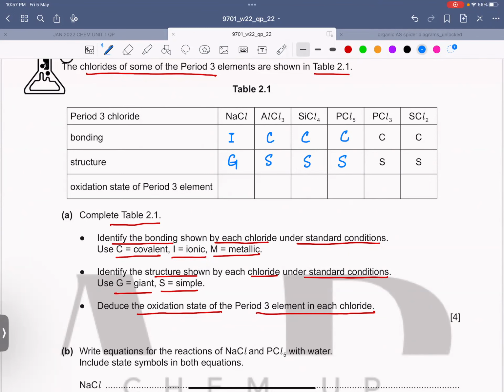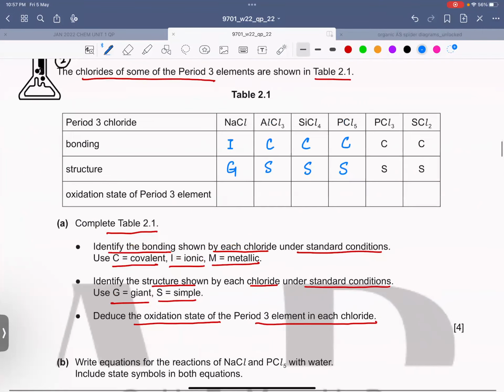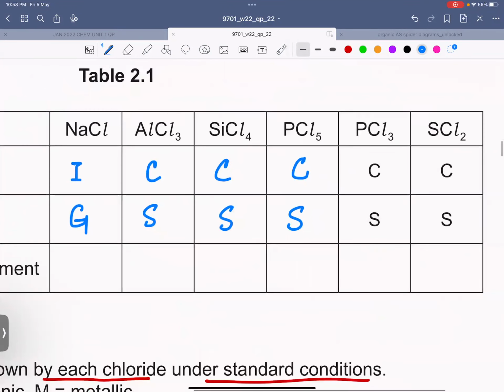Now comes the oxidation state. Look over here. Zero, there is with a -1, so -1. Net charge is 0. There are 3 chlorides, each one -1, which makes aluminium +3. Again, the net charge is 0.